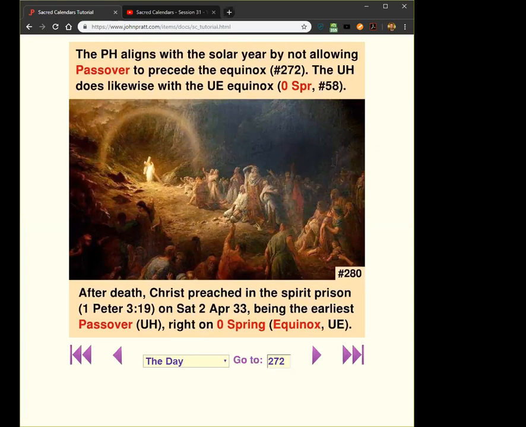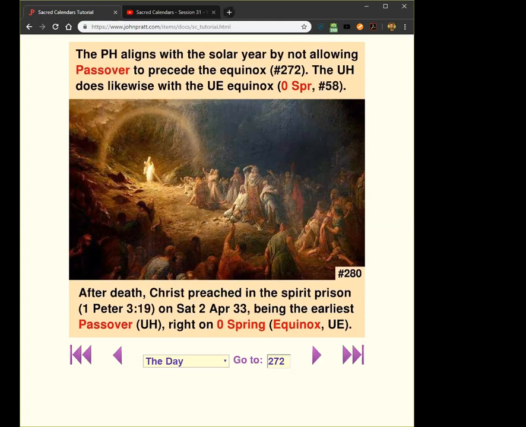In other words, even though the uniform equinox goes all around throughout the year, it might be in the winter, it could be in the summer, whenever, the uniform Hebrew calendar goes around with it. They're lock-synced together in such a way that even though the uniform Hebrew has variation, the variation is such that Passover is always on or after the spring equinox.